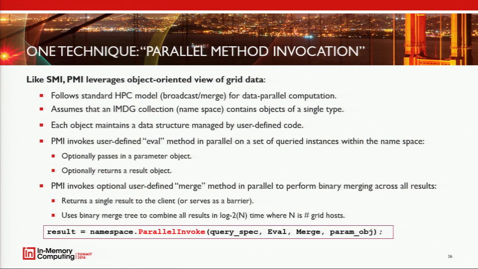Very interesting. An eval method can take a parameter object, which can have many parameters in it, and can return a result. The merge method can combine results. We implemented binary merging here so we could build a binary combining tree and very efficiently return results back to the client. You can see at the bottom what that invocation would look like. And I'm going to give you an example in just a minute.